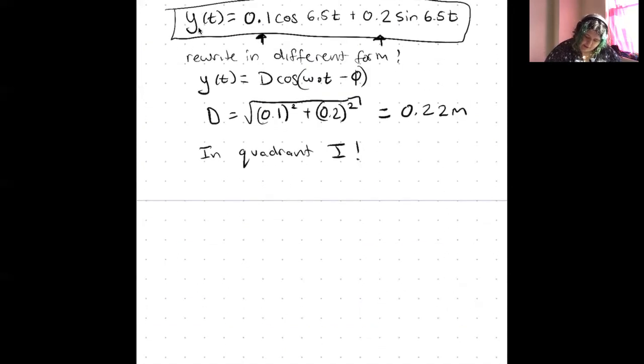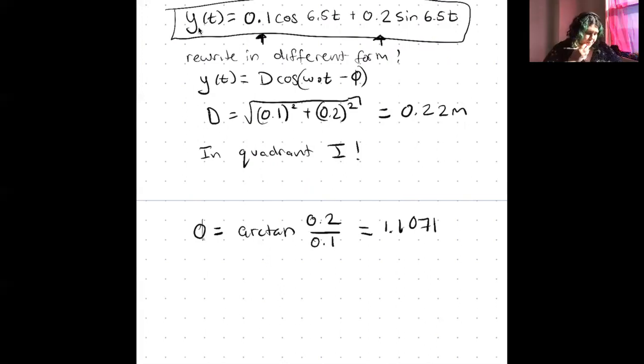That means that phi is just arctan of 0.2 over 0.1, which is 1.1071.